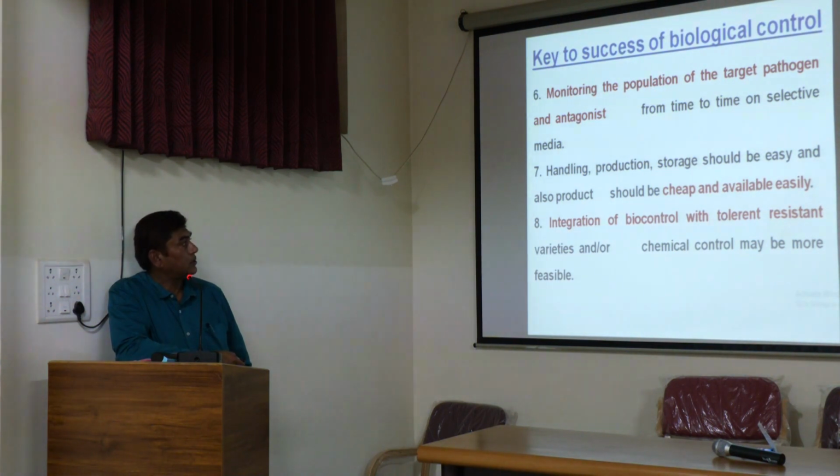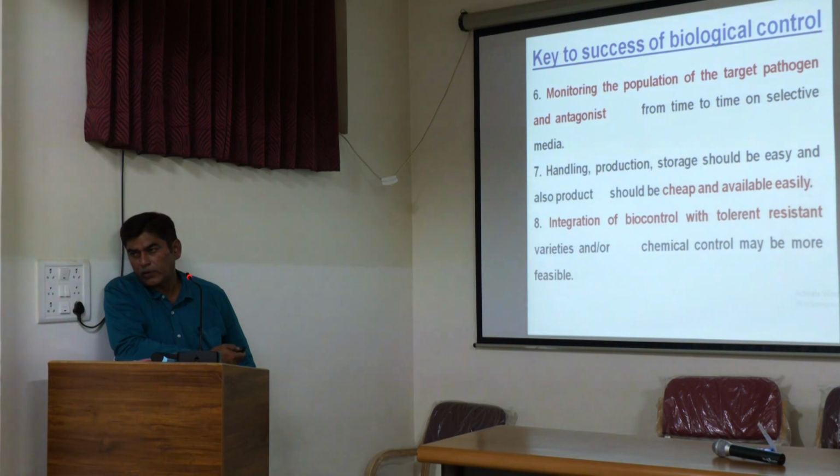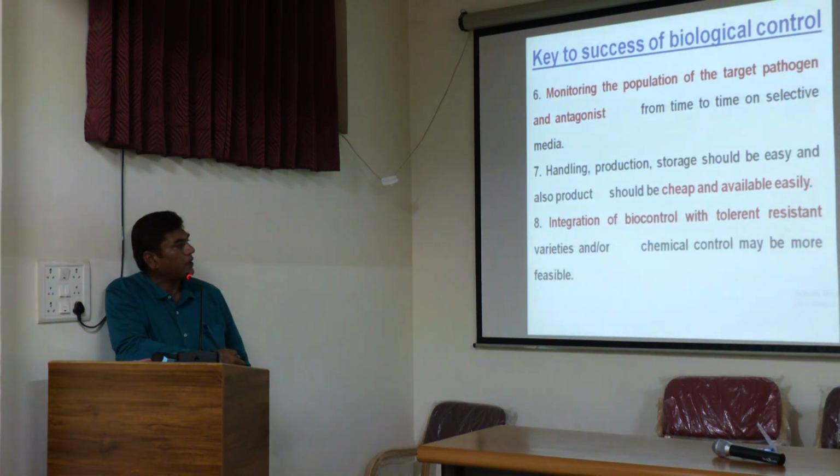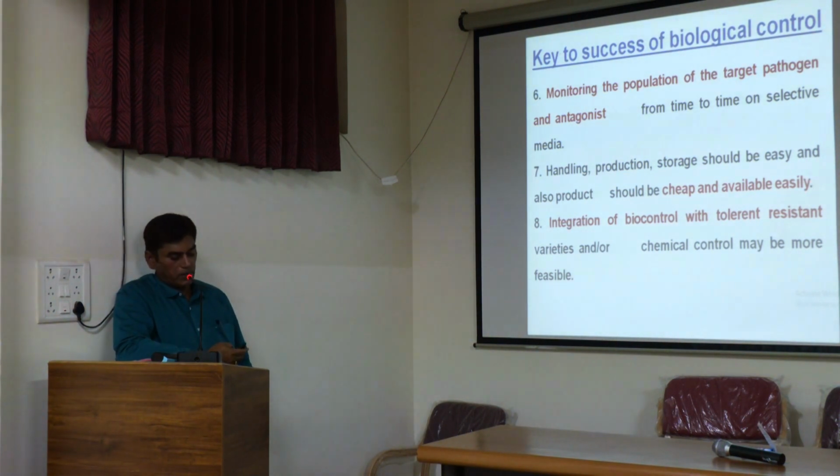Handling, production and storage should be easy, because it is very difficult. It should be cheap and easily available. We suggest so many bioagents, but availability is a big question. So integration of biocontrol with tolerant, resistant varieties and chemical control may be more feasible.